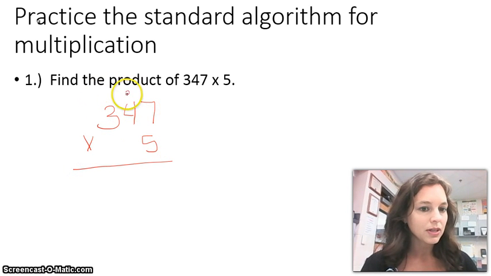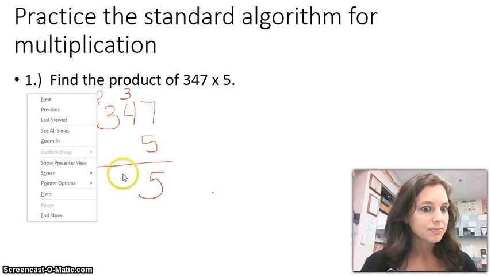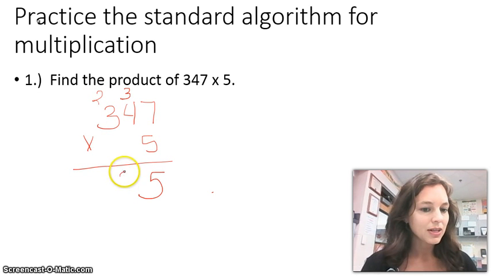We carry the 3, bring down the 5. 5 times 4 is 20, plus 3 is 23, so we will carry the 2, bring down the 3. 3 times 5 is 15, plus 2 is 17. So we'll write that down there, and our answer is 1,735.